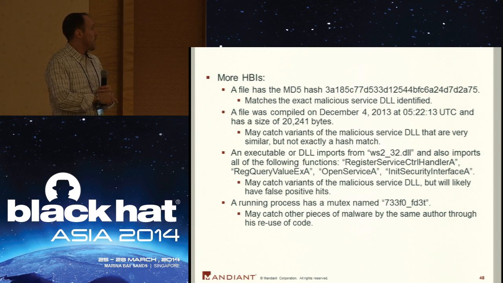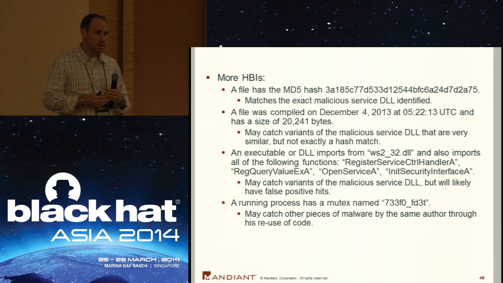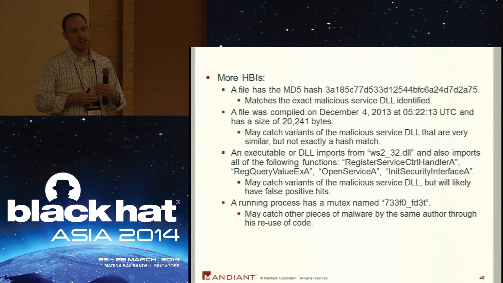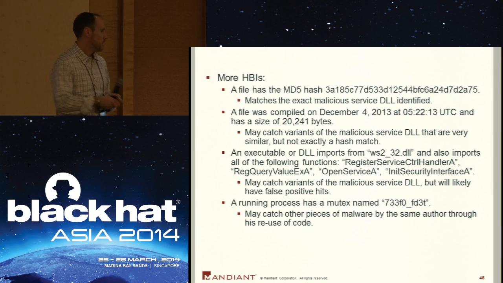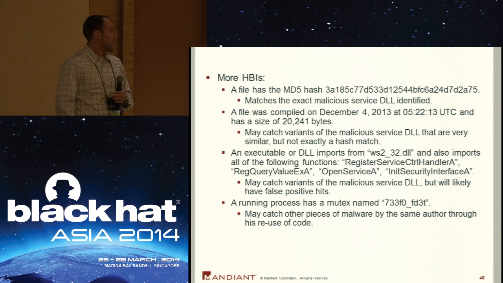Another thing that you can think about is, okay, this particular file has a compiled timestamp that's this and has this size. So there may be variants of this DLL that are different. So the MD5 is not going to match, but they're pretty much the same thing functionally. So that may catch variants.